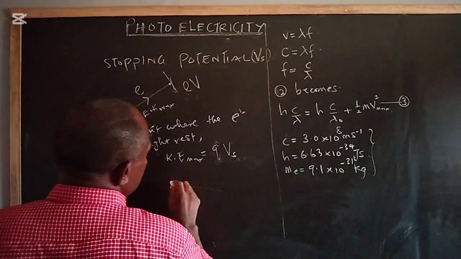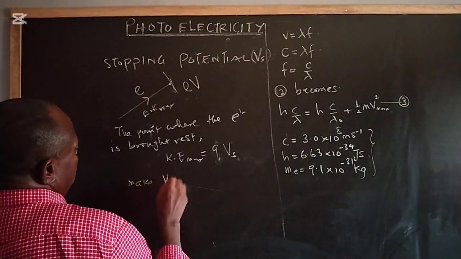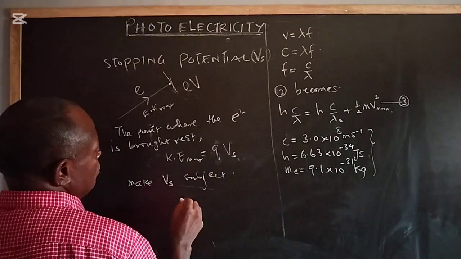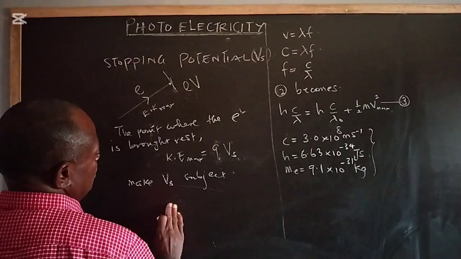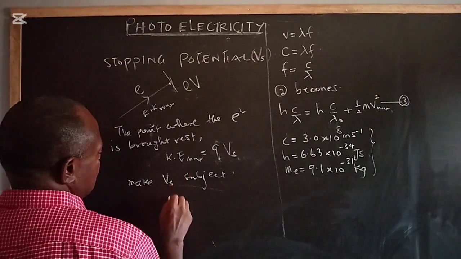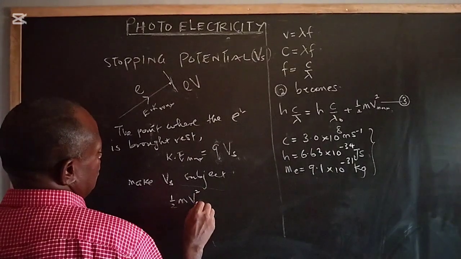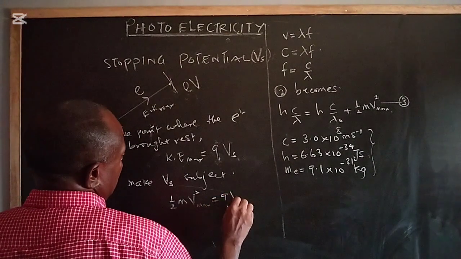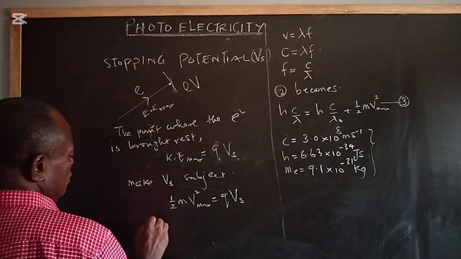And if we make V s the subject, bring in the value of kinetic energy, we have half mv squared is equal to Q times the stopping potential.